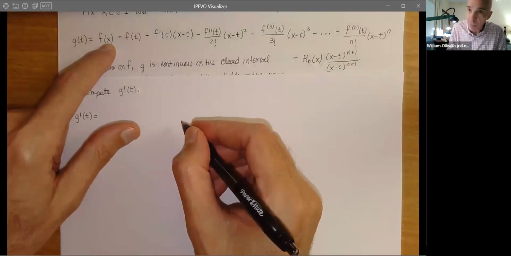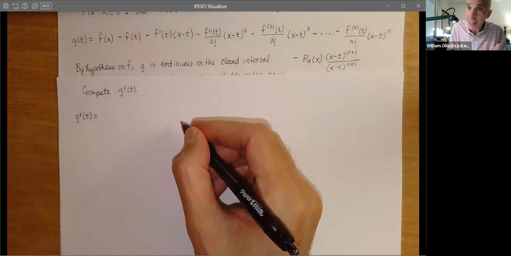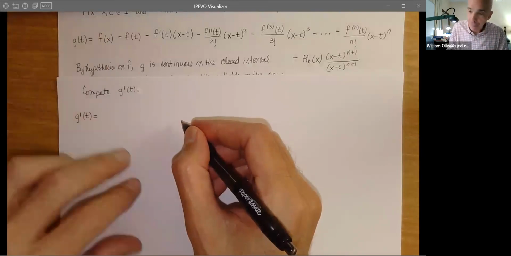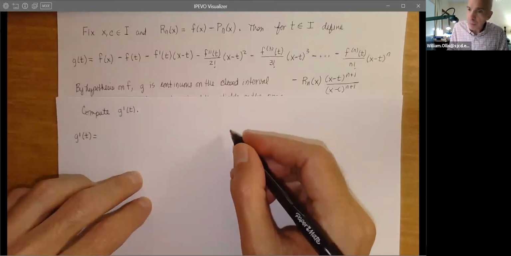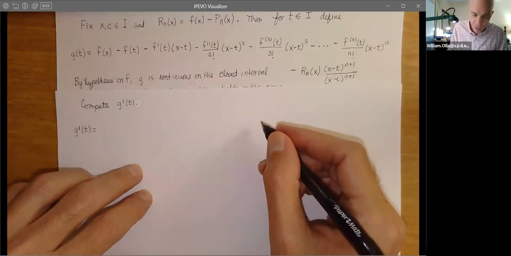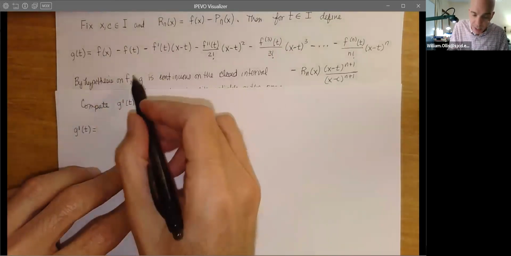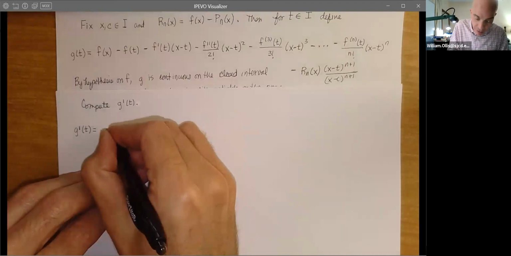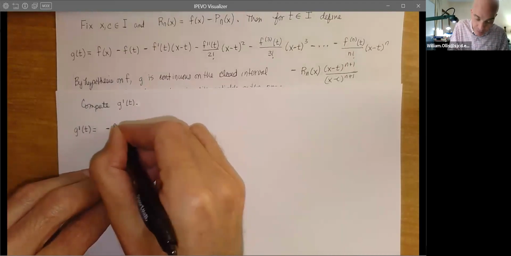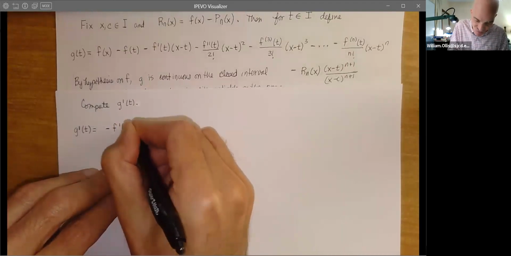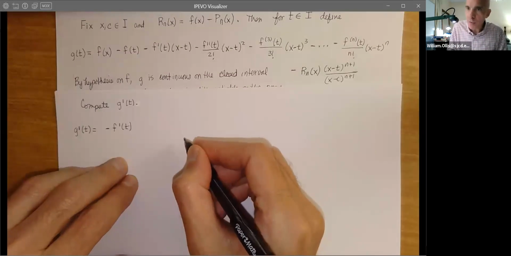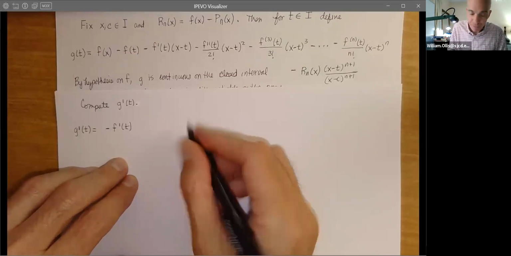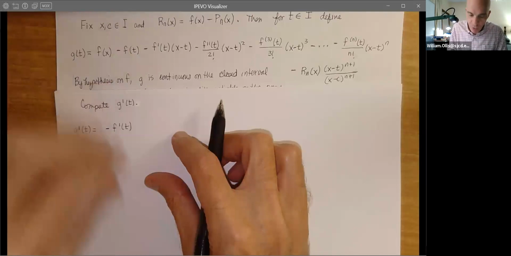When we differentiate that, we're done. Remember, x and c are fixed. I wrote it on the previous page. So now when we take the derivative, we get minus f prime of t. This is in the abstract. We know we've got all kinds of derivatives of f through order n plus 1. So we get f prime, we're done with that term.